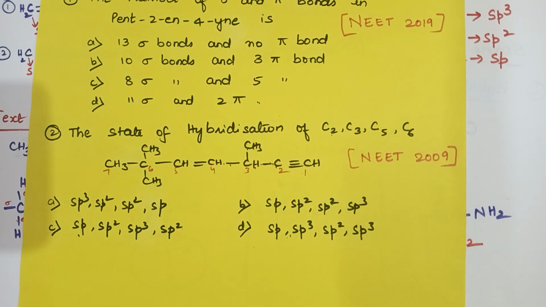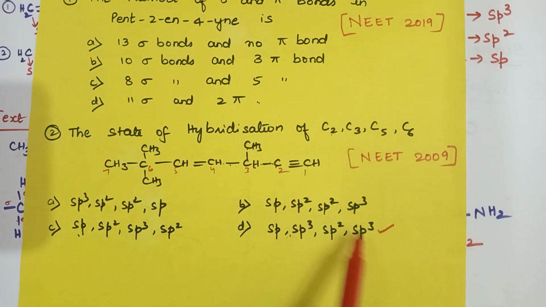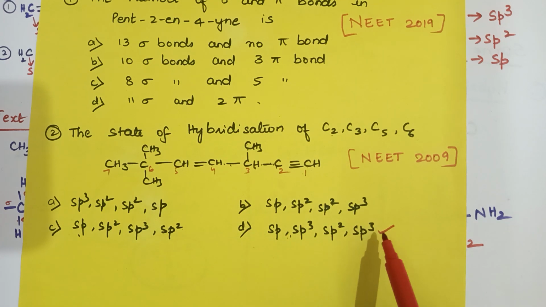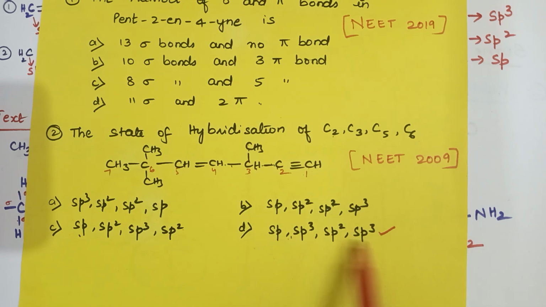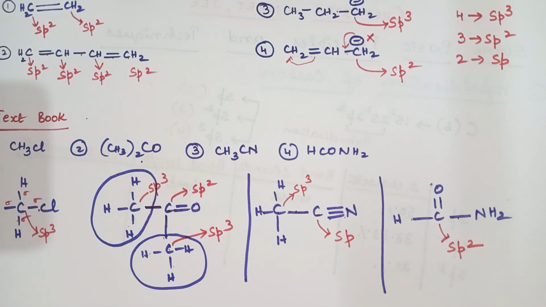So this will be the correct option. By the elimination method, within a few seconds we can come to the conclusion that this is the correct answer. So students, is that clear? This is how, if a question is given, we can easily find out the hybridization of the carbon atom.